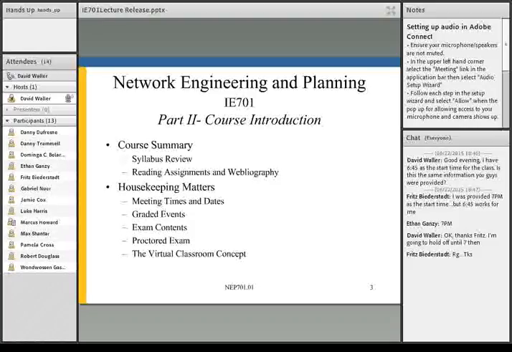So again, I'm going to ask you to work through these laboratories. I grade your completion of the labs despite whatever problems that you run into during the execution of the laboratories.